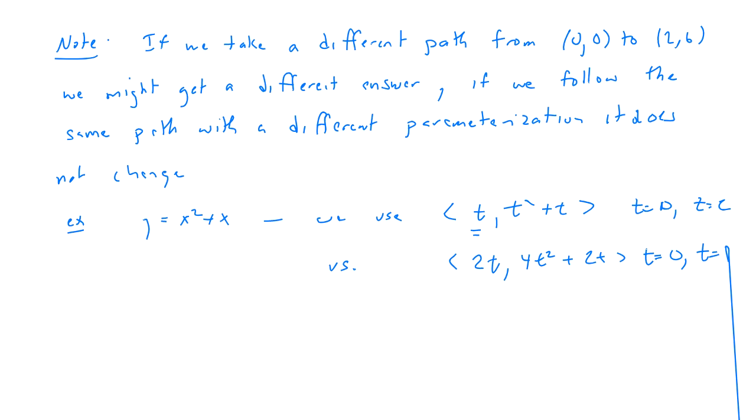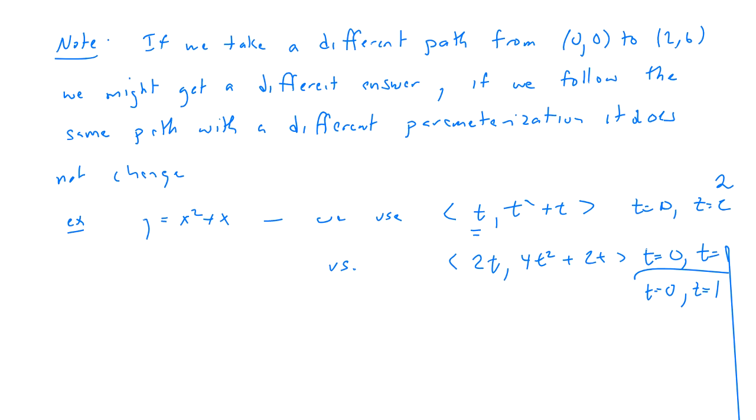Okay, so let me do another one, and this time see if I can fit it. Oh, sorry. So let me write this again. This is 2, because we're going from the point 0, 0 to the point 2, 6.